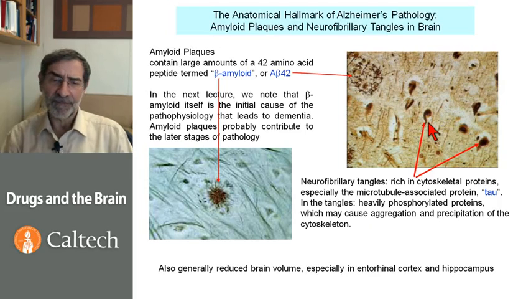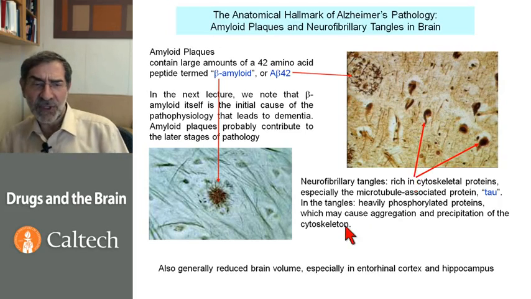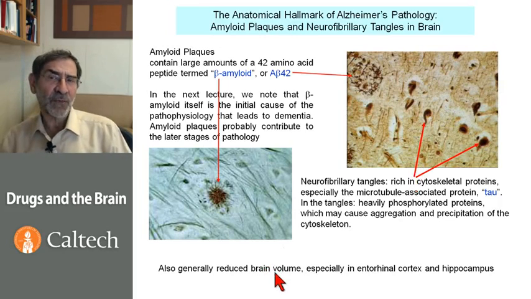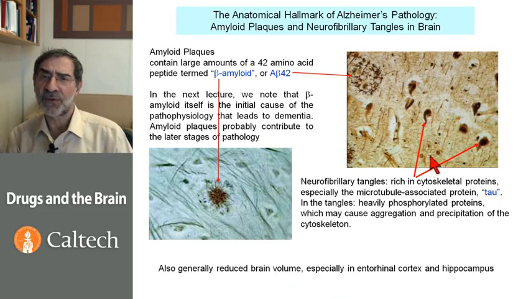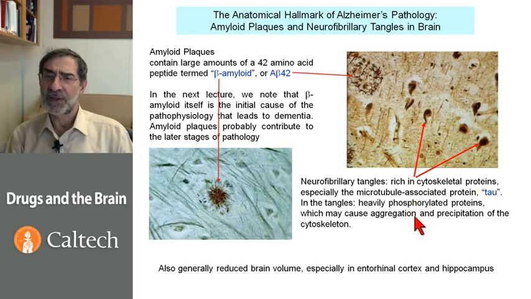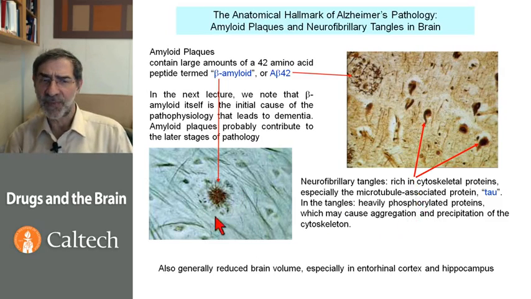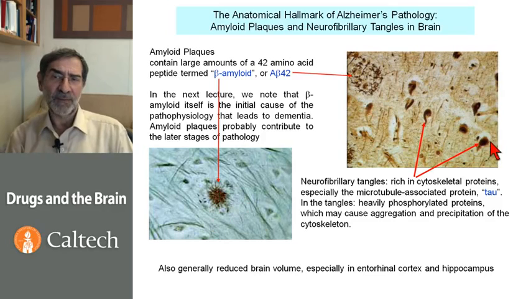And in general, there is reduced brain volume, especially in some regions of the brain that are quite important for cognition, the entorhinal cortex and the hippocampus. Now, I want you to appreciate that because one of the few tools we had up until a few decades ago was anatomy, it was easy to see these plaques and tangles, but we can't conclude that they actually cause the disease.